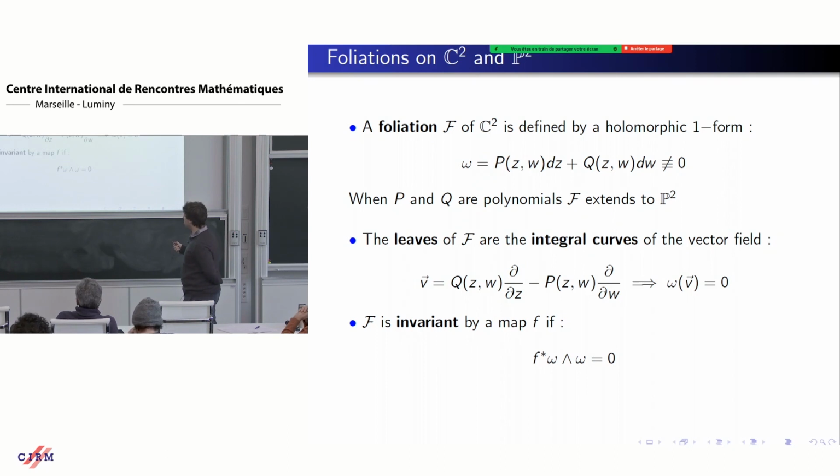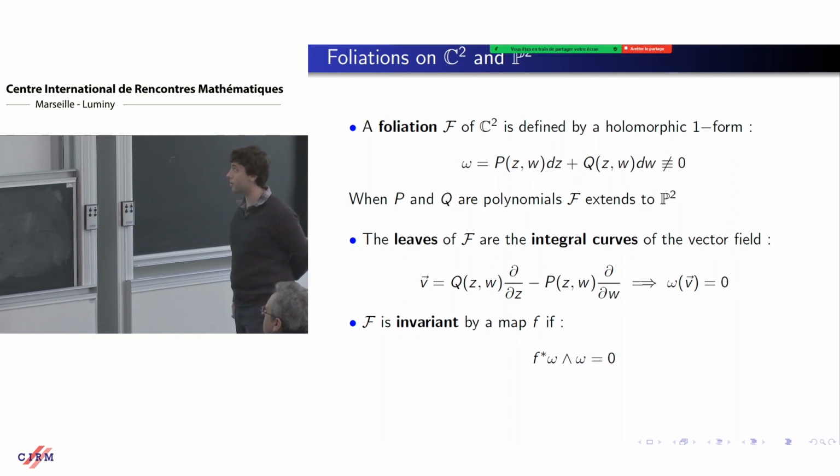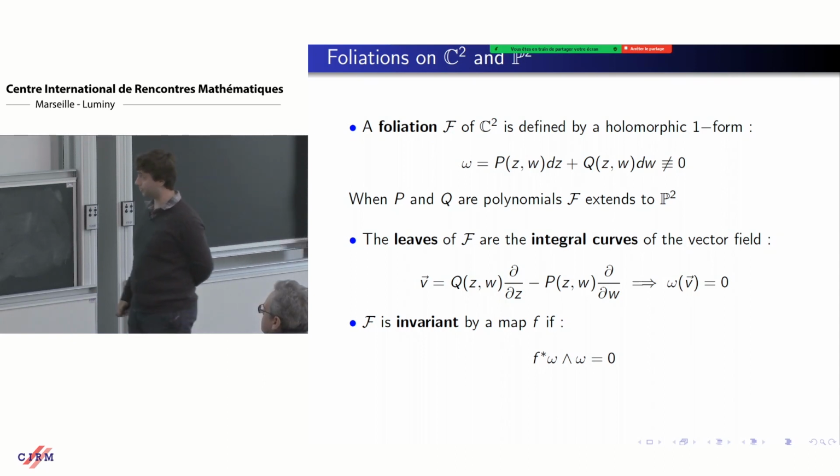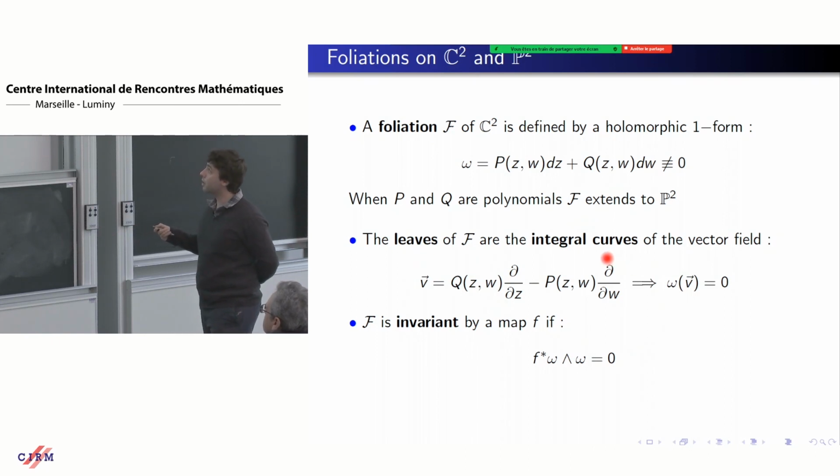If you take polynomial mappings P and Q, then you get an extension to CP2, and this describes all the foliations of CP2. The leaves are given by the integral curves of the vector field V dual to the form omega.